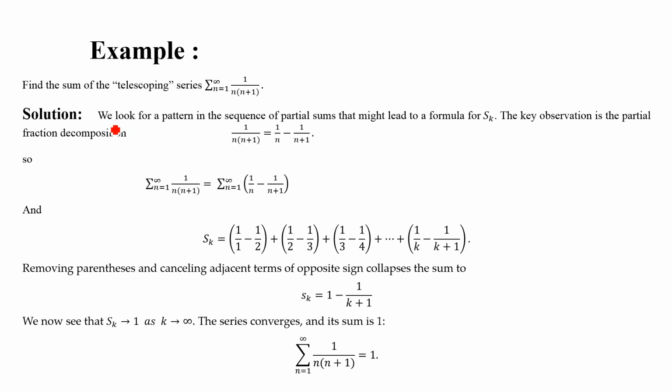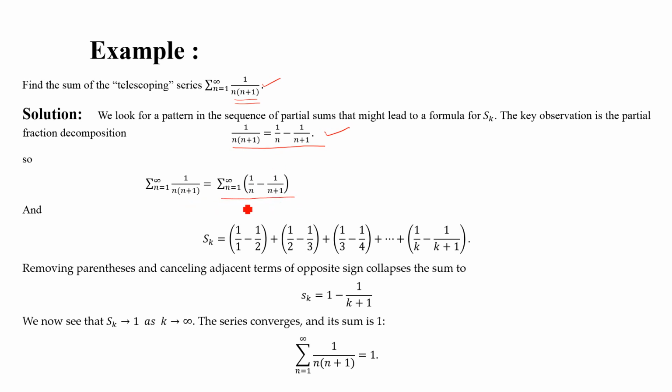So here is the case: find the sum of the telescoping series with nth term 1 over n times n plus 1. So we can make the partial fractions of this term, and the partial fraction decomposition of this term is given by this result, and by plugging this in we have the series.